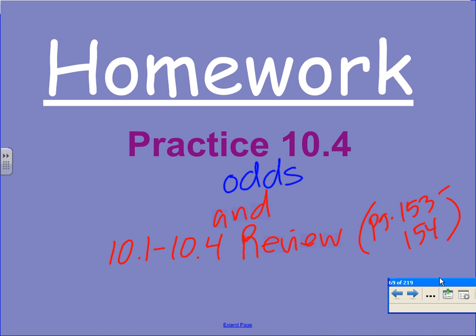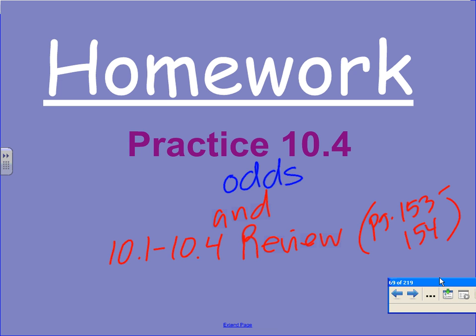Okay, so ready? Let me say that again. Just regular 153. Practice 10.4. You only need to do the odds, because if you know how to do the odds of the circles, you can do all of them. The review is already in your homework packet. Just page 153, but there's a front and a back.